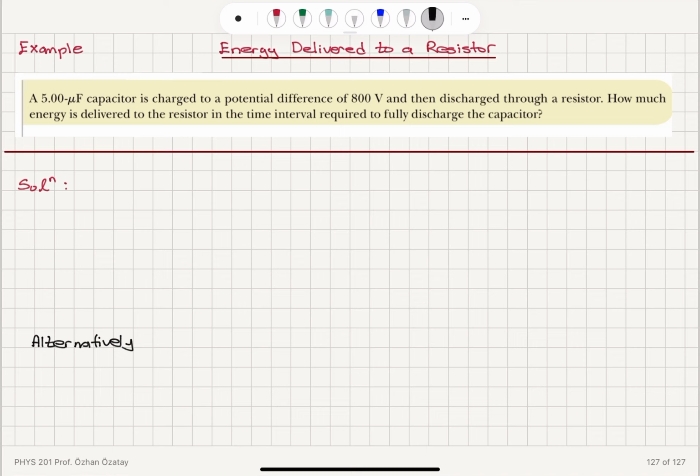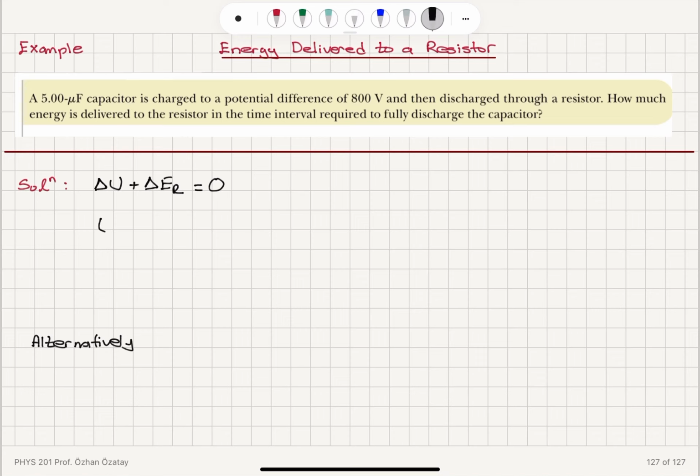So, the change in the potential energy stored in the capacitor plus the change in the energy stored in the resistor should be equal to 0, so that all of the energy will be transferred to the resistor.